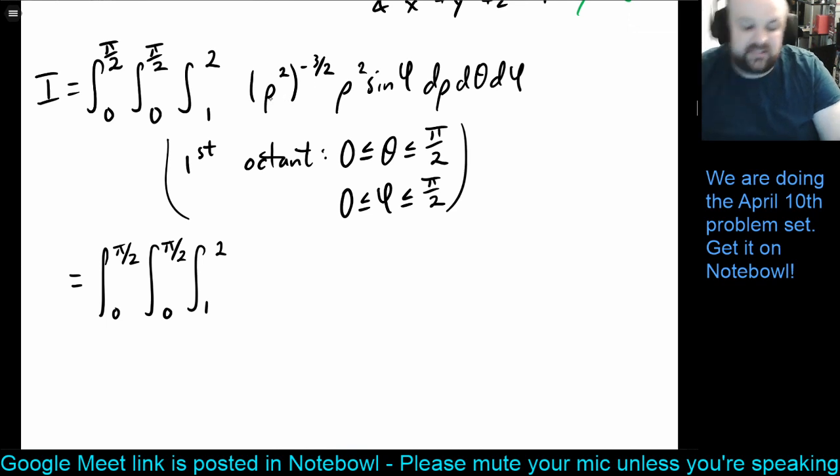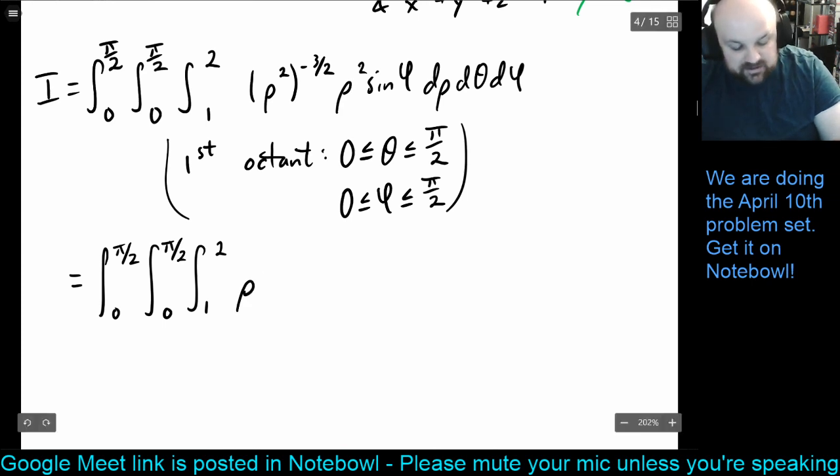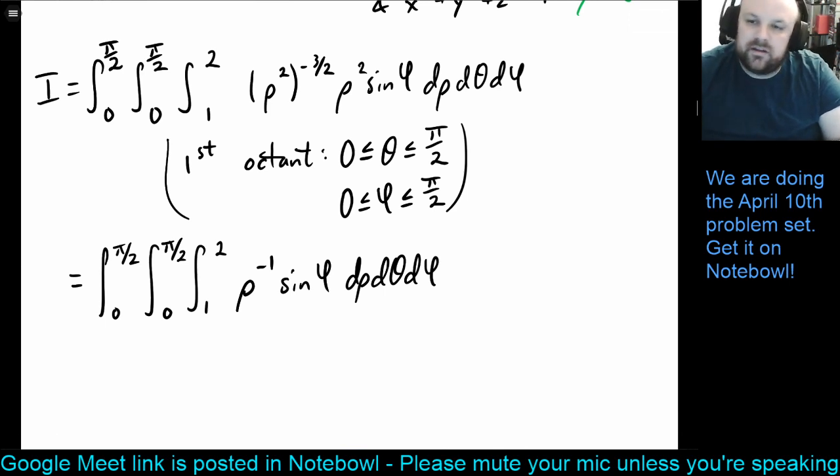We simplify this part: rho to the negative 3 times rho squared gives me rho to the minus 1, sine phi, d rho, d theta, d phi. Some pretty interesting stuff there. This integral's not too bad to compute at this point, so I'll leave that to you, and we'll just move on to the last problem here.